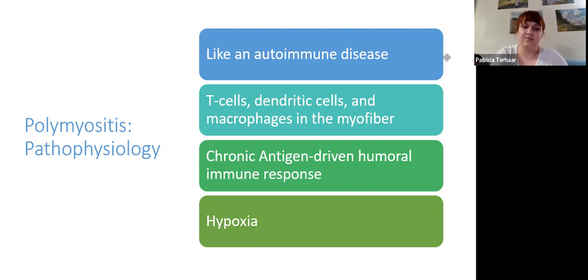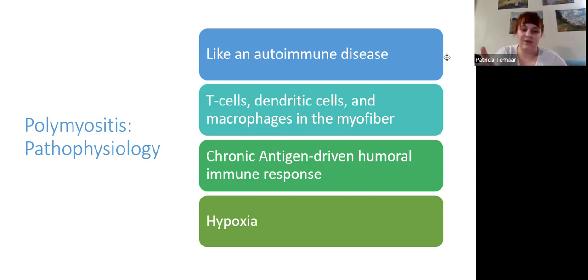Part of it is also a chronic antigen-driven humoral immune response, which is B cell driven. It can also be due to hypoxia, just the lack of oxygen in the cells, which allows more genetic processes to occur when that happens.